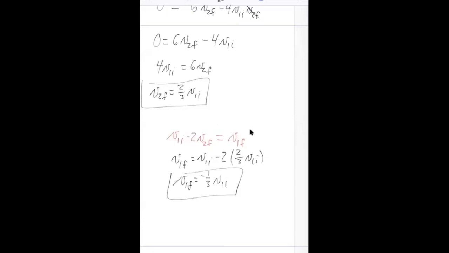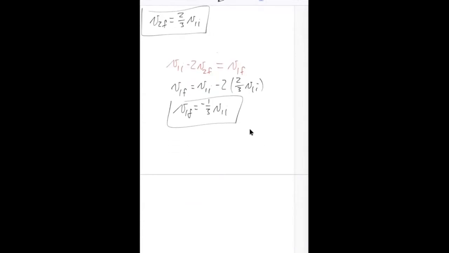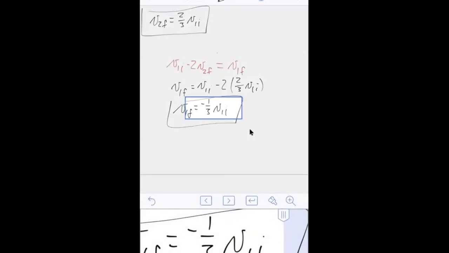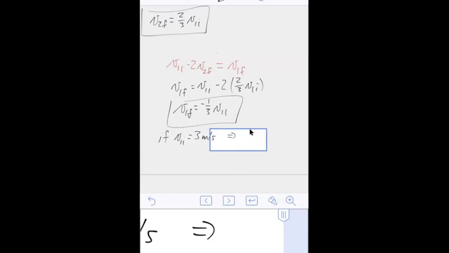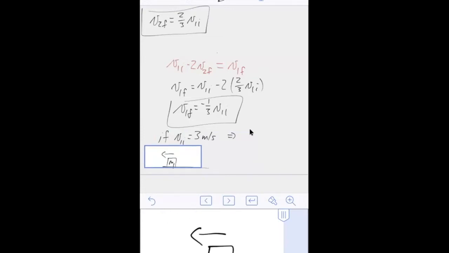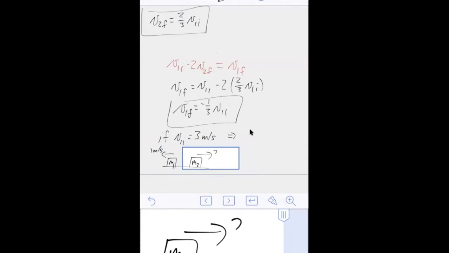So just to put some numbers on this, if v1 initial, just to make an easy value, is 3 meters per second, then that means after the collision, I'm going to have m1 moving to the left at 1 meter per second, and m2 moving to the right at 2 meters per second.